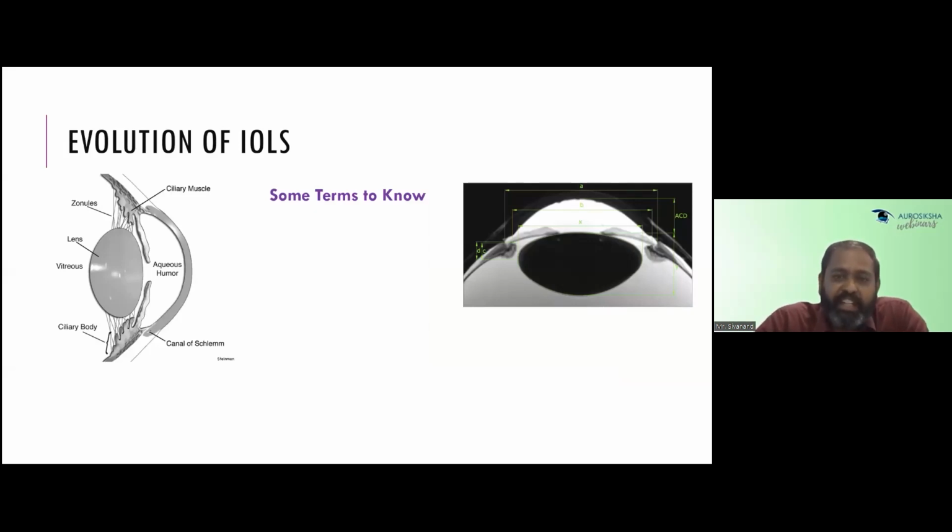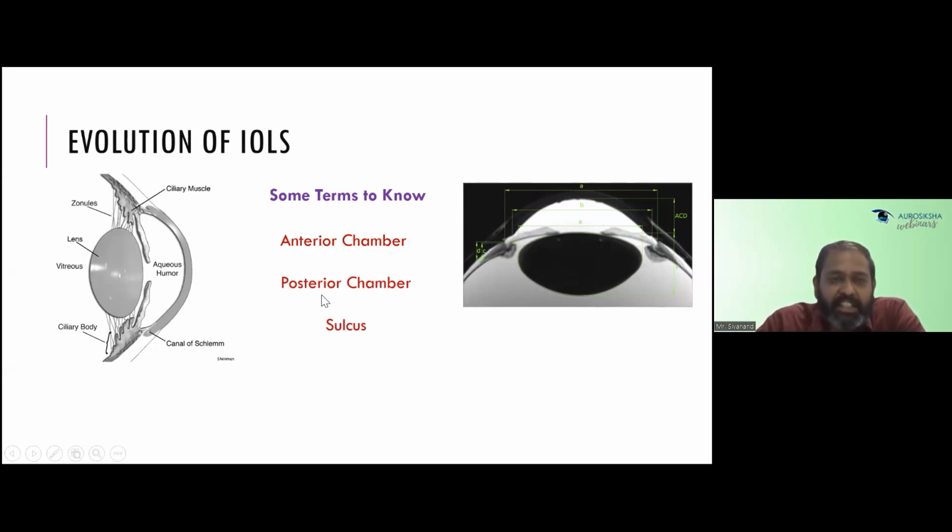But before we get into IOLs, let's understand some common things about the intraocular lenses, because this will be relevant as we go through the rest of the sessions. The anterior chamber, most of you would know, is the space between the iris and the cornea, and the posterior chamber is behind the iris.